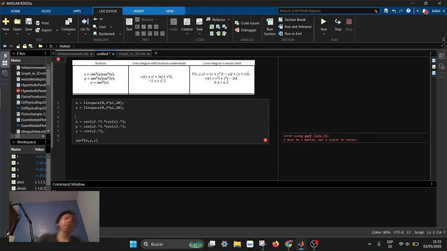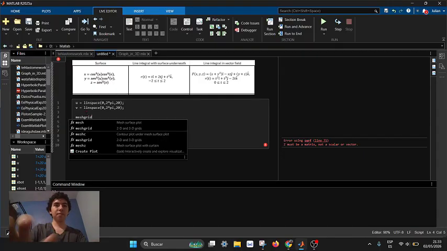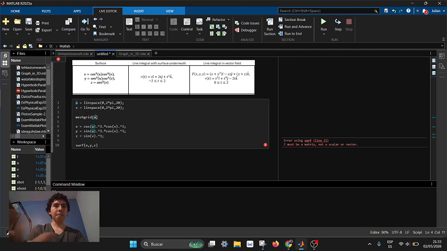Oh, right. I forgot an important step. Okay, we have to do a meshgrid of u and v. Because if it's not, then it's just an array. And right now, if we did this, essentially it's just going to make an array of z, and we don't want that because z also has to be a matrix, because even if the value of u stays the same, it still has to be a matrix so that MATLAB can use it.